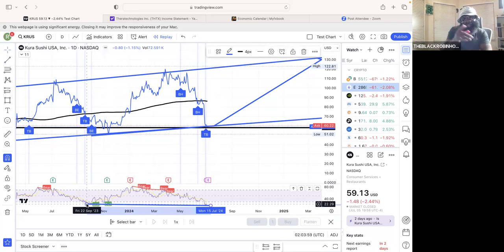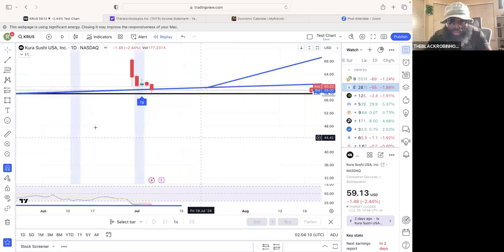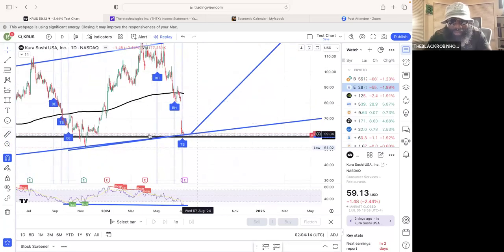This one is slanted upwards. This one is downward. So let's switch it to candlestick and let's see if we get a bounce. So we are looking for a bounce here.